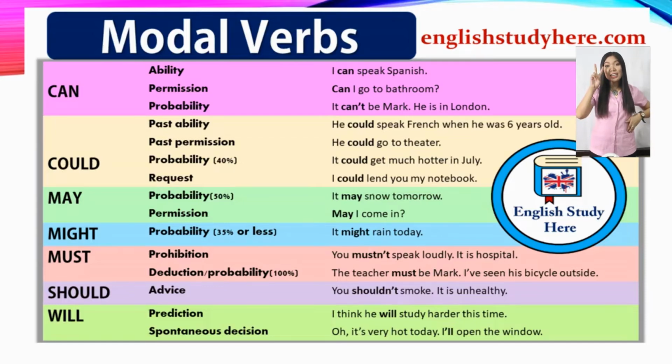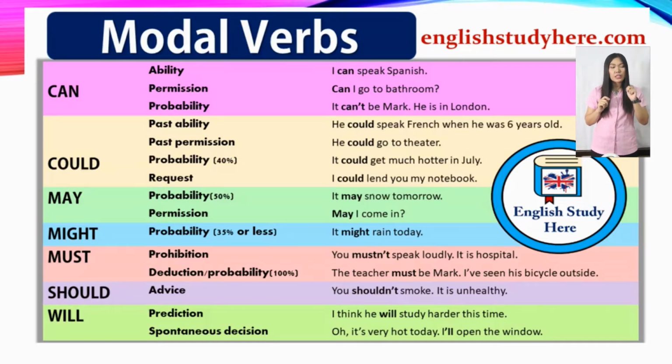Let's proceed to the second M. Let's go to may. Oh, you might be thinking that it is me, but no, that's not me. So, may. May is a modal that shows probability still, but only for 50%.